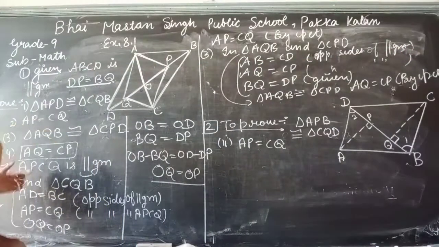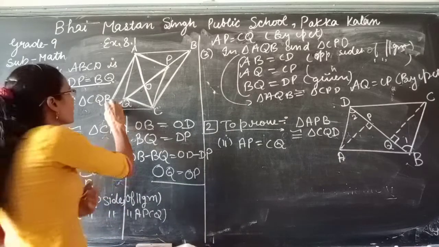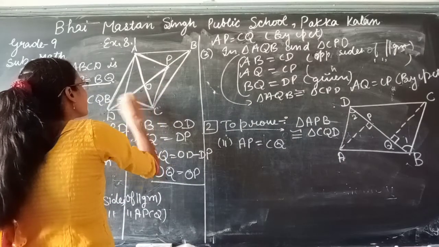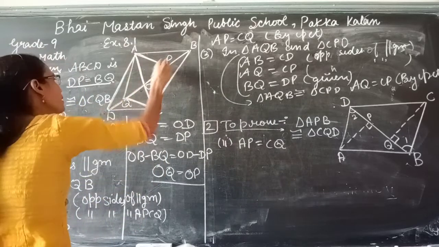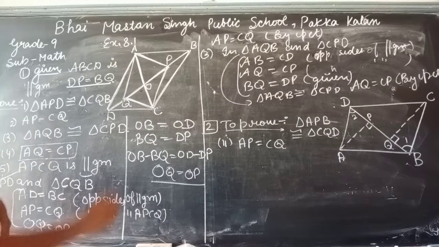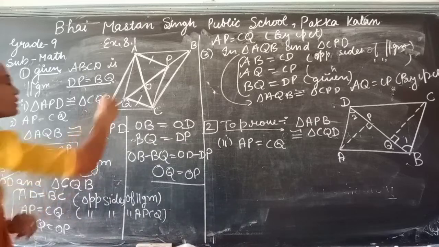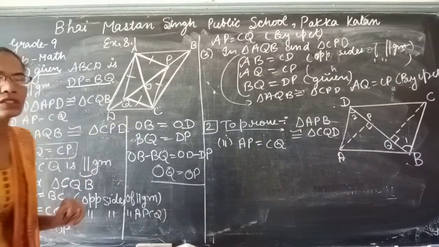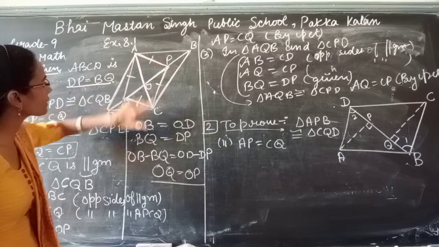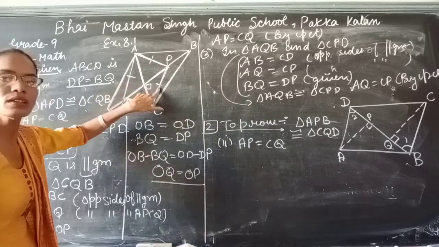Next, APCQ is a parallelogram. In the second part, AP is equal to QC. And in the fourth, AQ is equal to CP. So in APCQ, the opposite pair is parallel and equal.